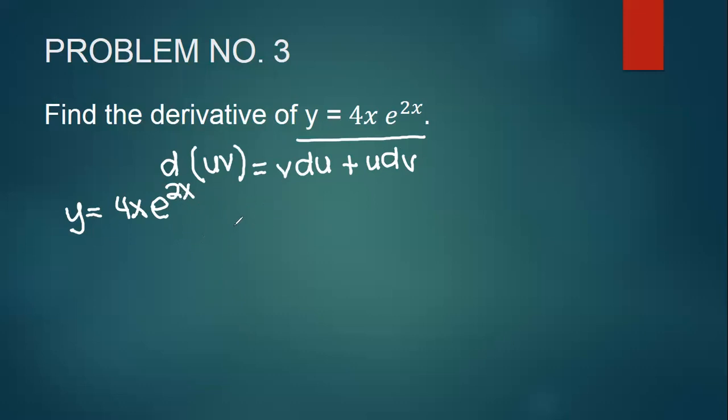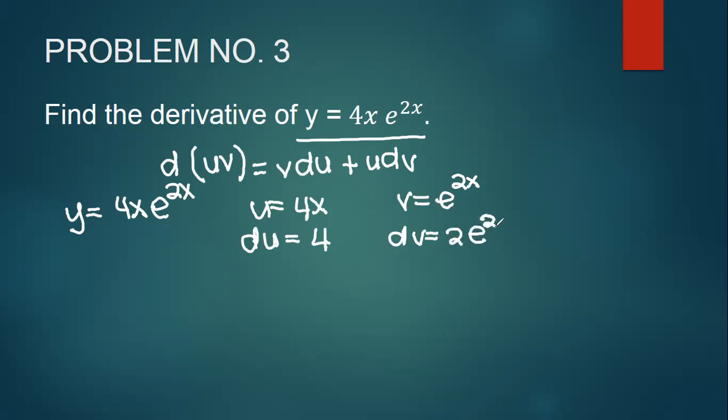So we let u be equal to 4x. The derivative of u is equal to 4. v is equal to e raised to 2x, and the derivative of v is equal to 2e raised to 2x.